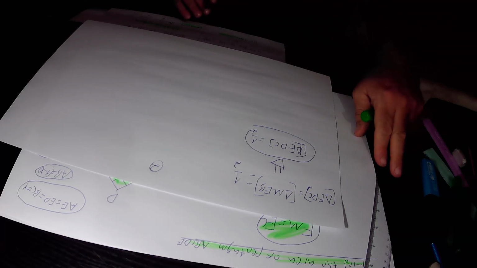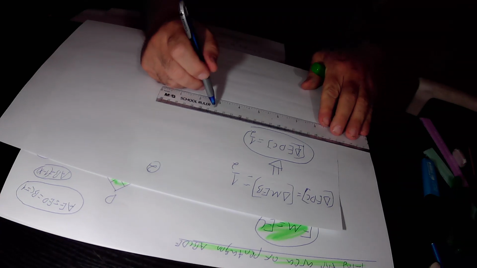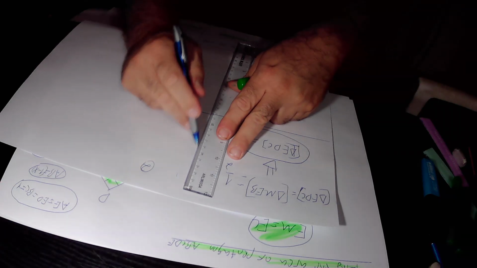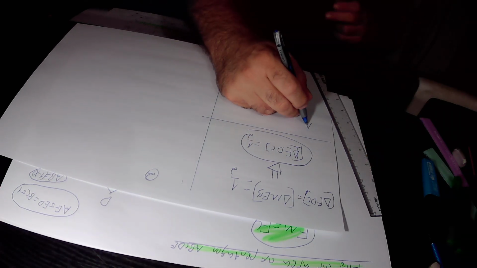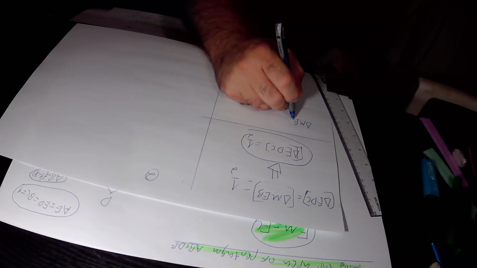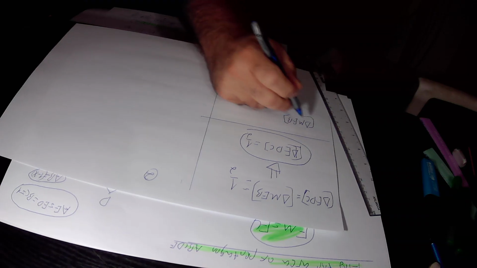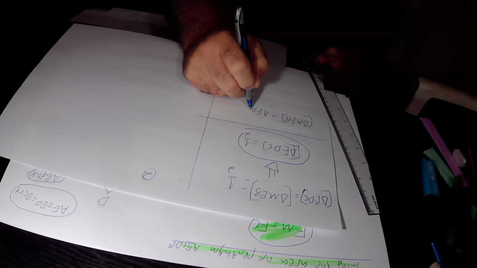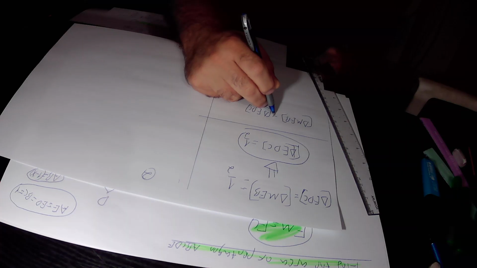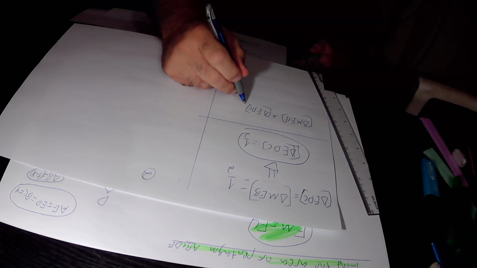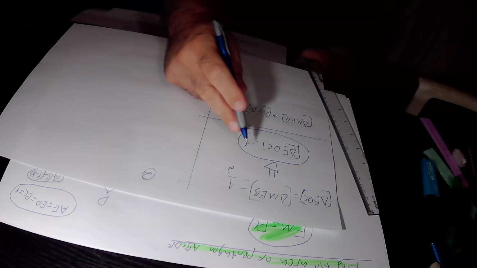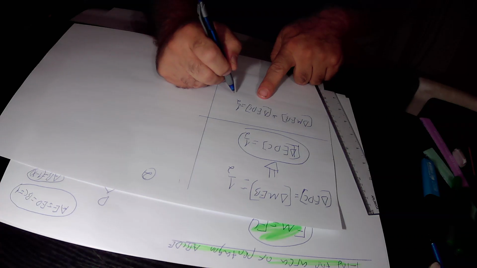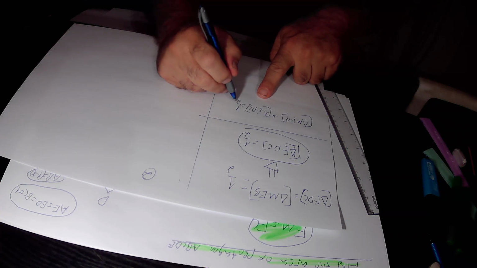So the area of triangle MEB plus the area of triangle EDC is equal to 1/2 plus 1/2.